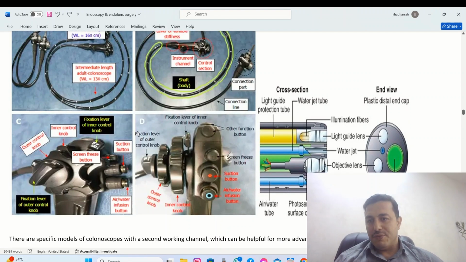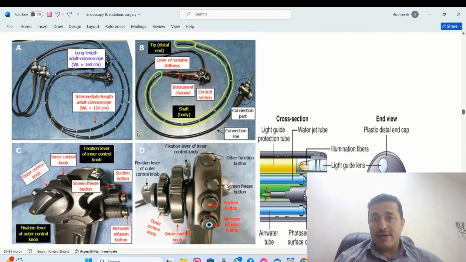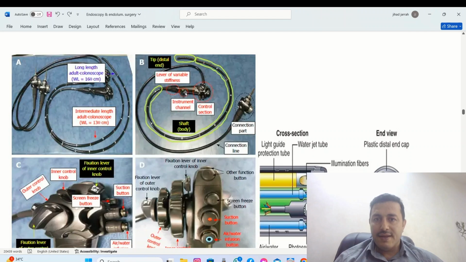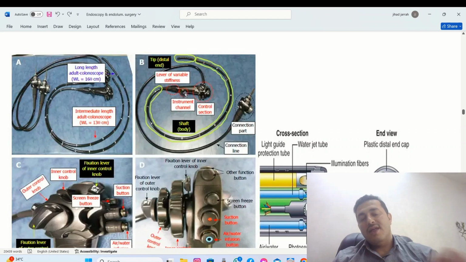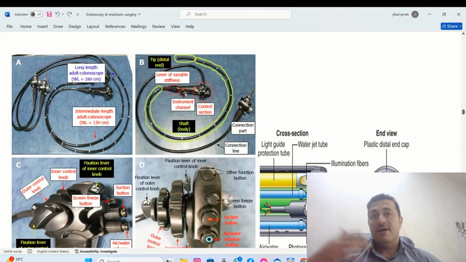What is also important to know here is the working channel. It was clear when we talked about the sigmoidoscopy. Over here is what we call the instrument channel, in which we insert the wire, the snare, the forceps to do polypectomy.